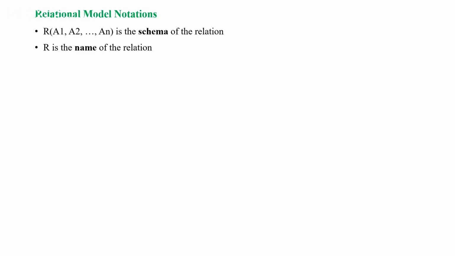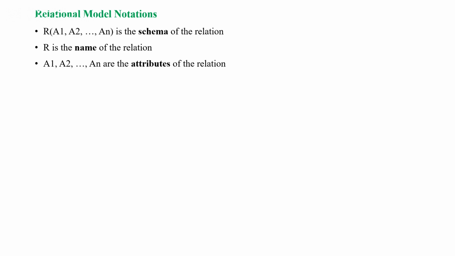R is the name of a relation, and A1, A2 up to An are the attributes of that relation, represented in the form R(A1, A2, ..., An).